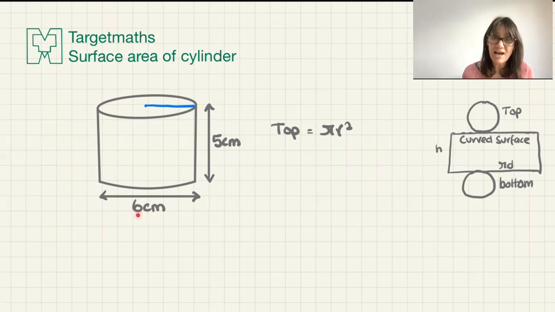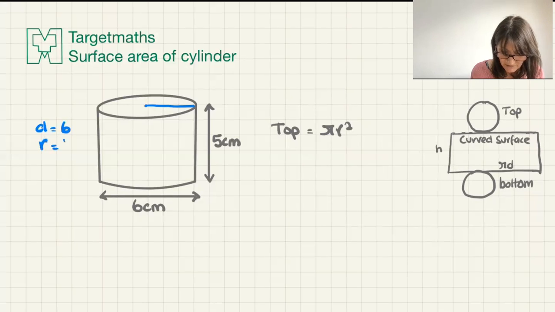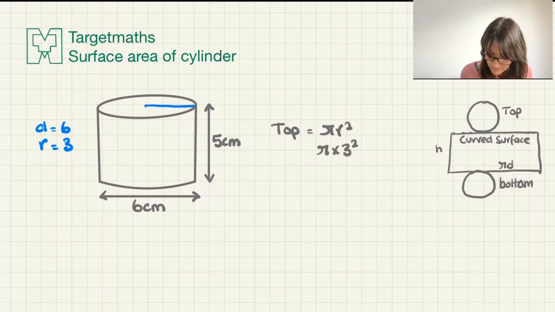So that is the diameter. So I can see that the diameter is 6, which means the radius is 3. And I really love writing this key because then it's just a go-to. It's a place that I can go and get the information I need to finish off whatever it is I'm doing. So I need 3 for the r. So I've got pi times 3 squared, which is 9 pi.